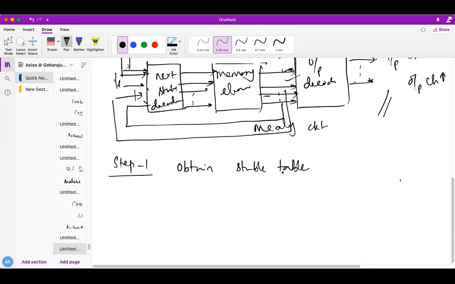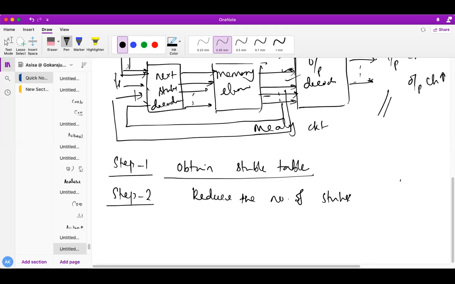Next, step two: reduce the number of states, if possible, by using the state reduction technique.